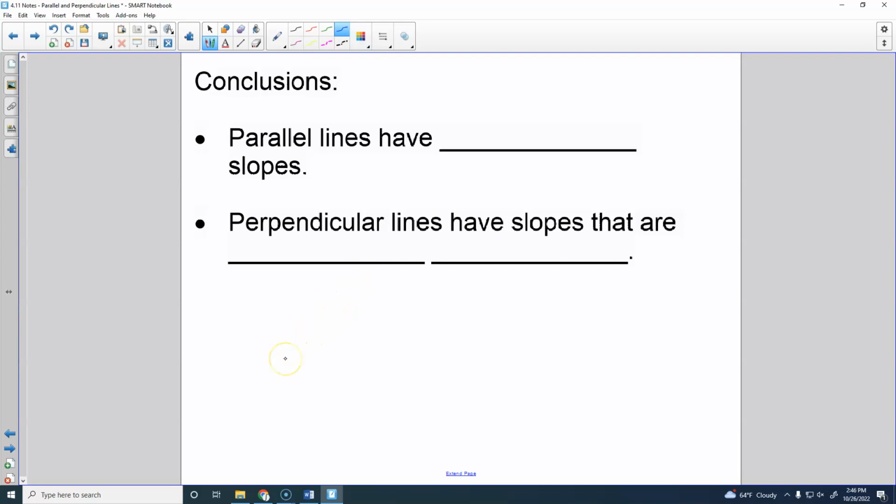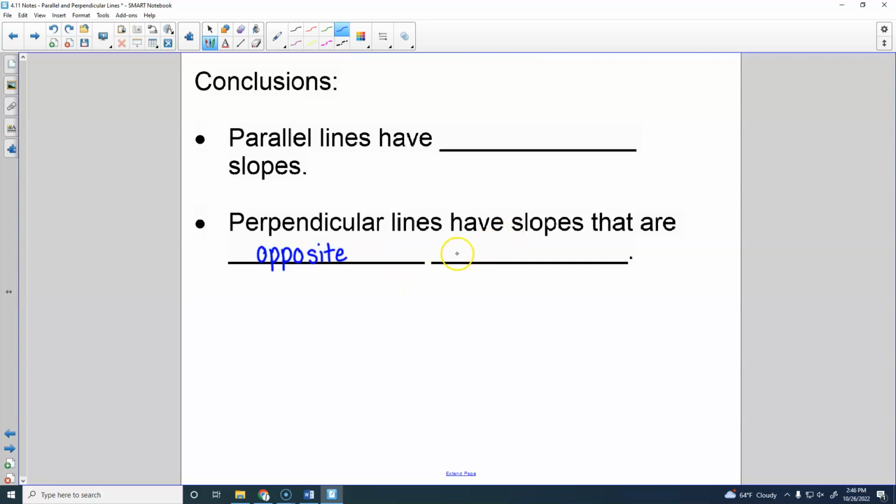So, there's fancy words. We said we need to flip and we need to change the sign. But there's fancy words for each one of those. Okay? So, the fancy words, perpendicular lines have slopes that are opposite. That's not that fancy of a word.